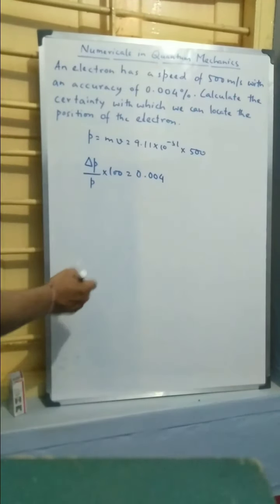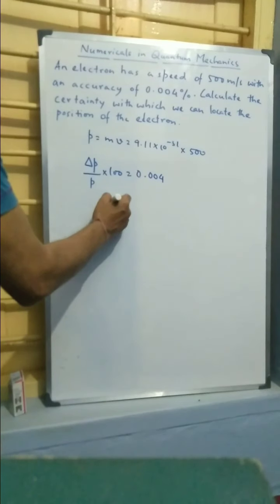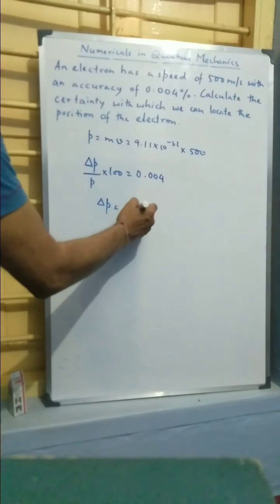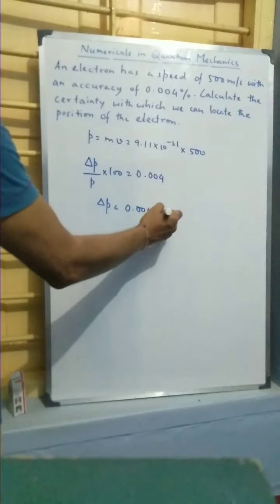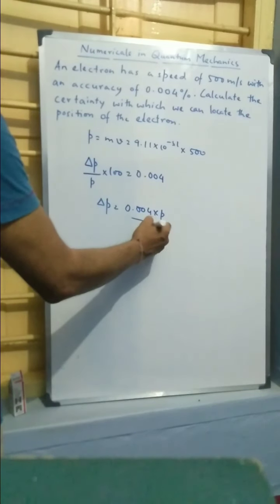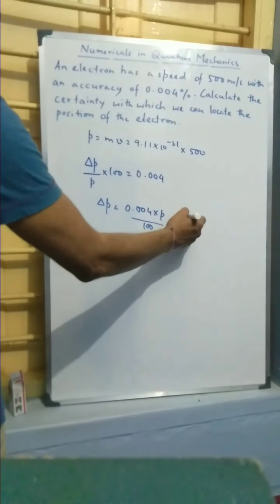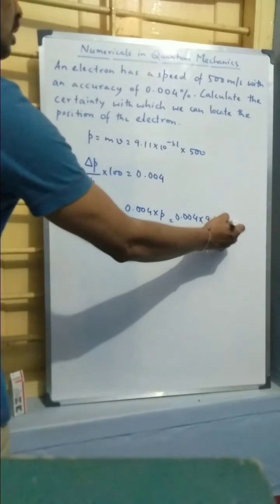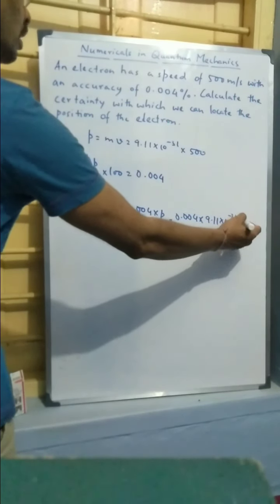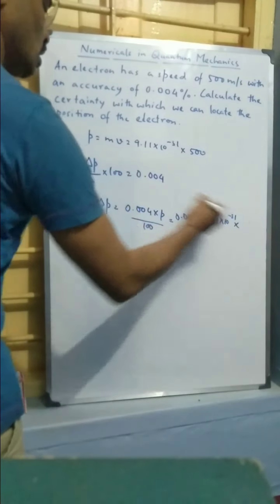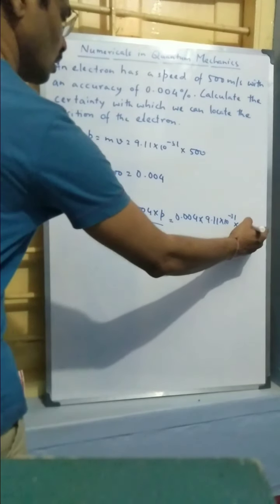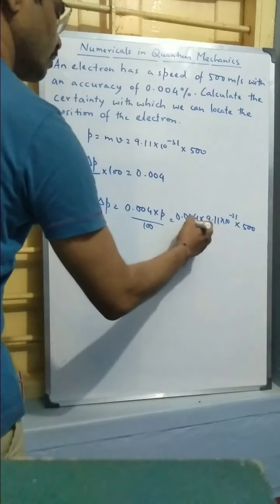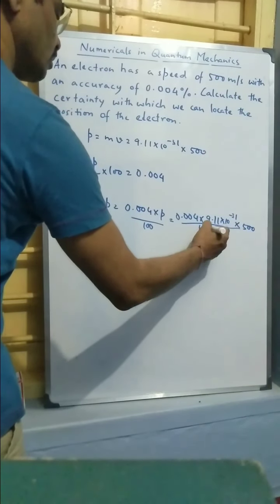0.004, so that gives us delta p to be of the order of 0.004 into p by 100, which turns out to be 0.004 into 9.11 times 10 to the power minus 31 into 500 divided by 100.